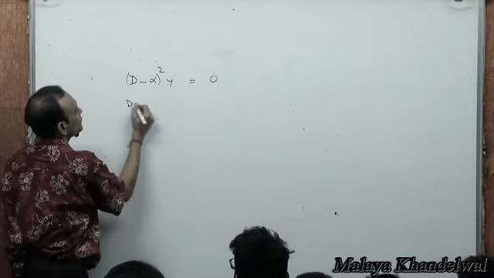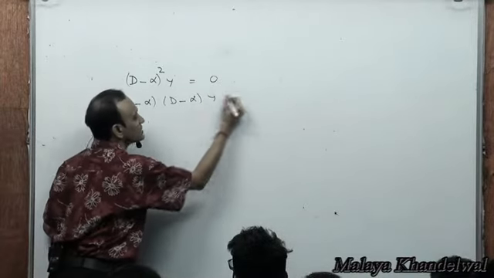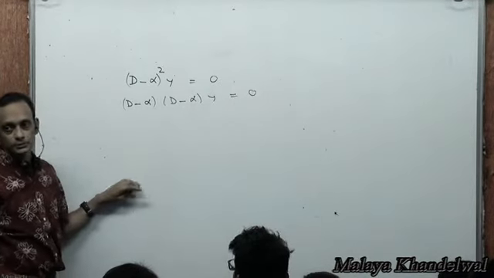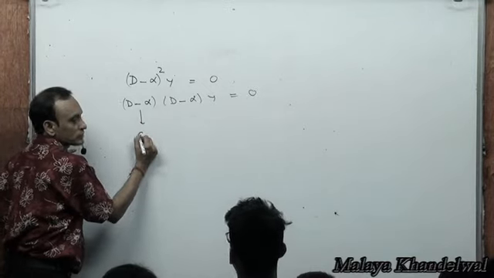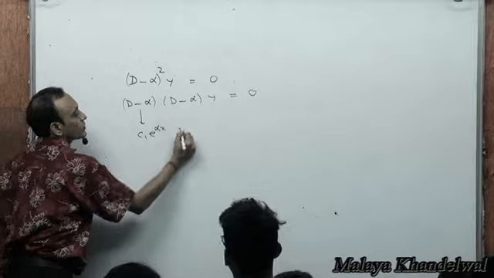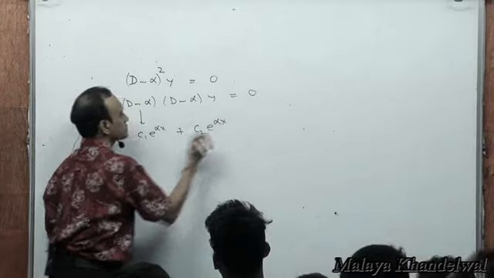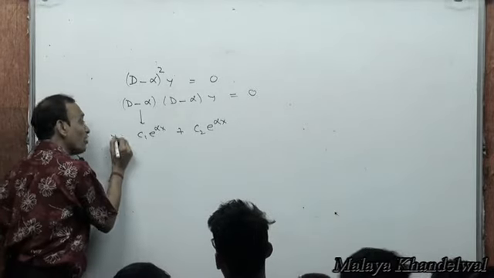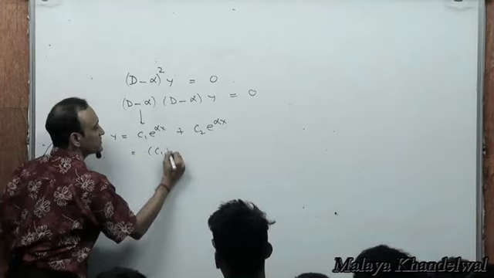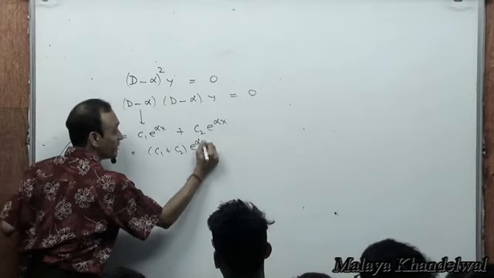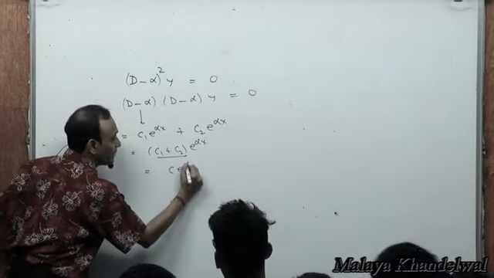If you say D minus alpha acting on D minus alpha acting on y is 0, now see the problem with this. The contribution made by this is C1 e power alpha x. The contribution made by this is C2 e power alpha x. If I say this is my general solution, that's wrong, because it is like C1 plus C2 times e power alpha x, but C1 plus C2 is actually one arbitrary constant, C e power alpha x.